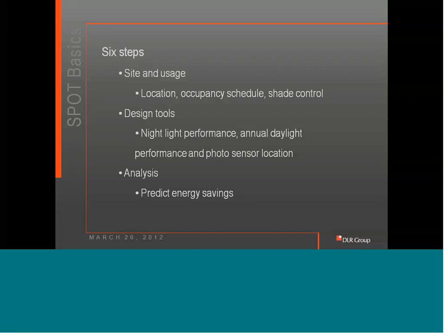So the fifth step will tell you the performance of the artificial light alone at night without taking the daylight, and then it will tell you the daylight performance. Finally, it will also tell you where to put your photo cell, photo sensor, to take advantage of all the aspects. And then finally, the analysis section, that's where it will tell you how much energy you're going to save.